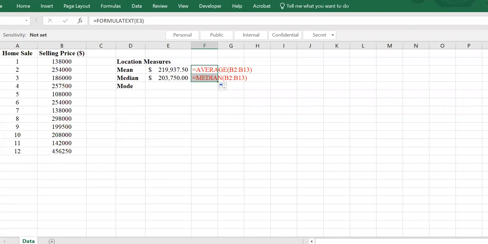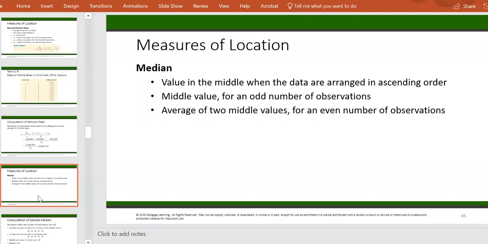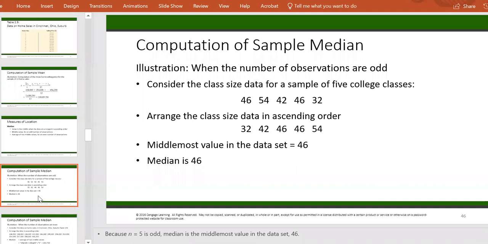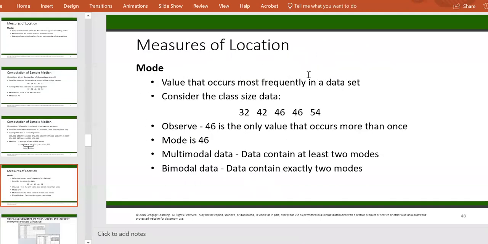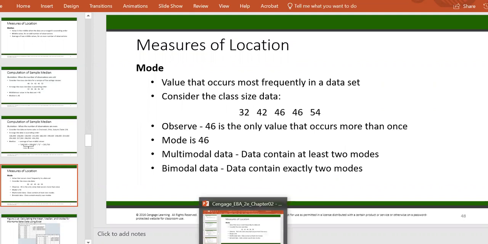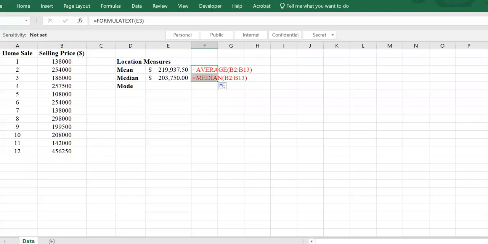Mode, the next one. Mode is the most frequent observation in a data set. For finding that, you just need to find the one or ones that appear the most, right?